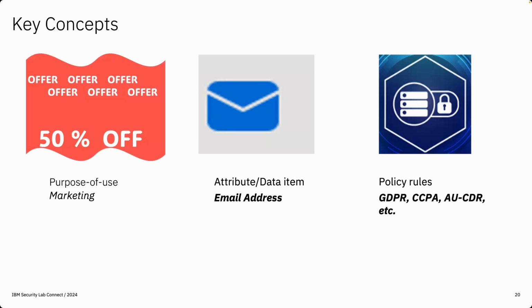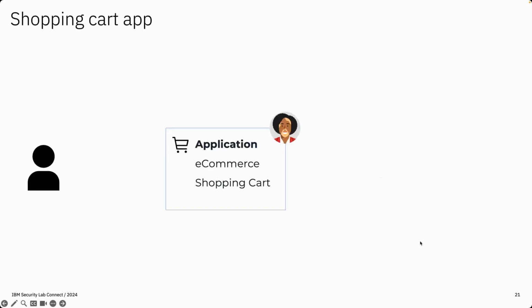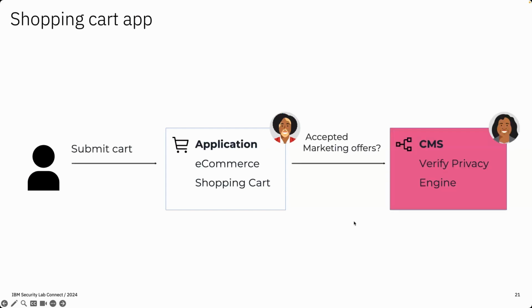Okay. If we go further on that, I'm taking again as an application example, an e-commerce application. So typically how it happens is you just shop something. At the end, if the application needs to collect consent, it connects to the Verify privacy engine and checks whether this user has already consented to marketing offers.